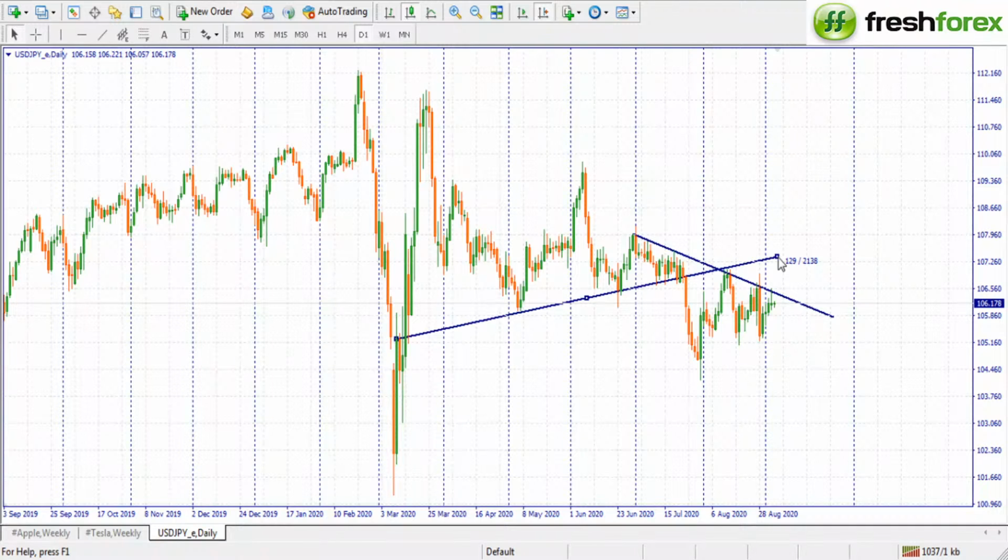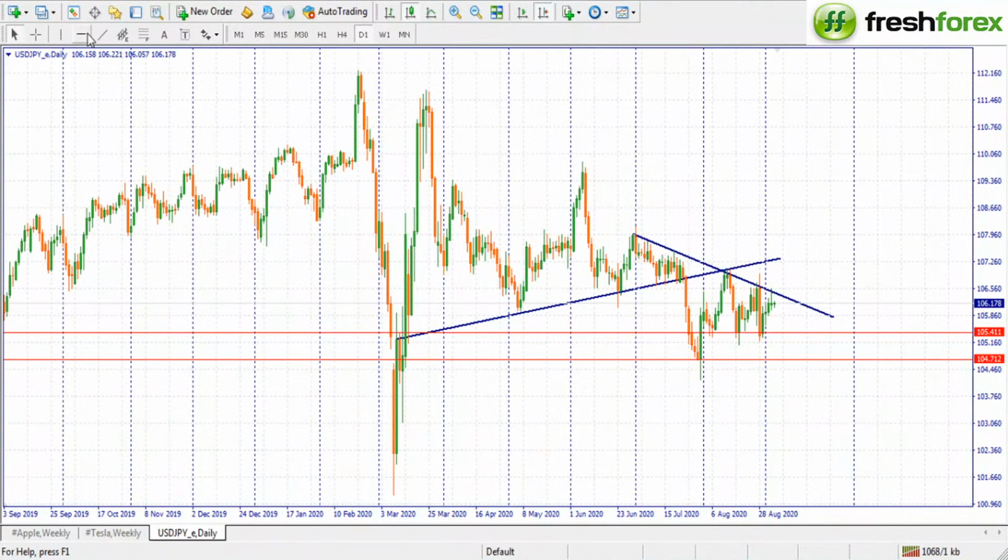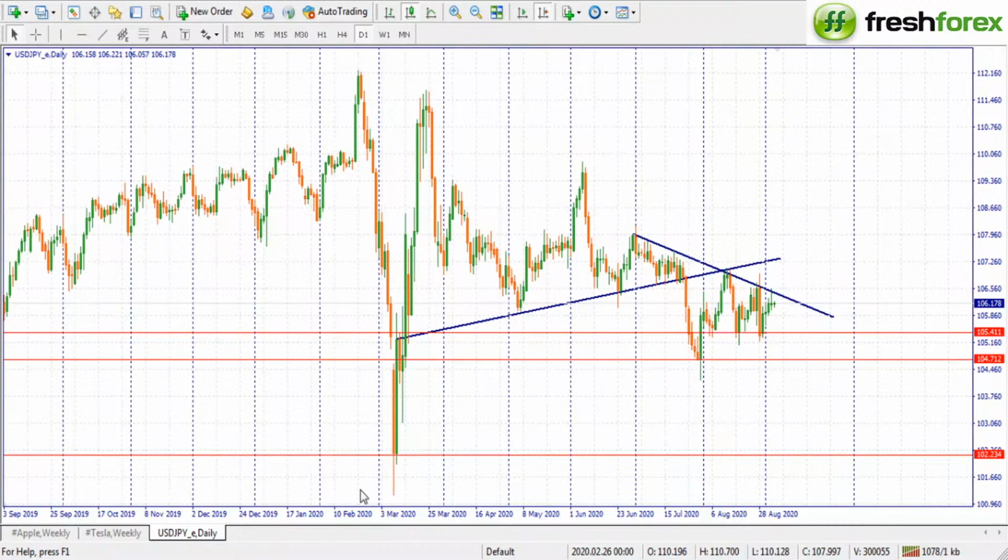So this was a support, a break, a resistance, a resistance. The previous day's candle came up to that resistance but could not break beyond it. So we do expect a sell with the first take profit there, the next take profit there, and the third take profit here, 1.102.234.